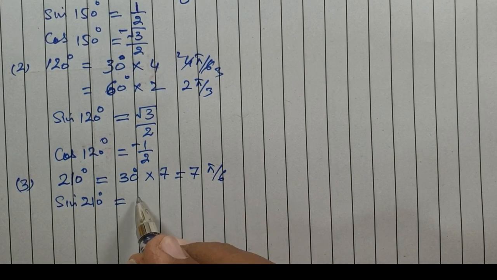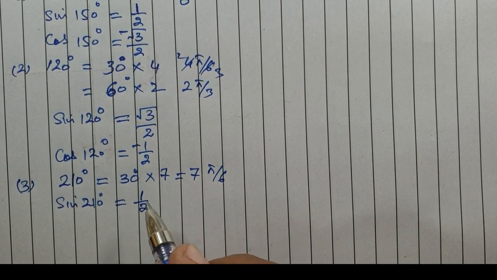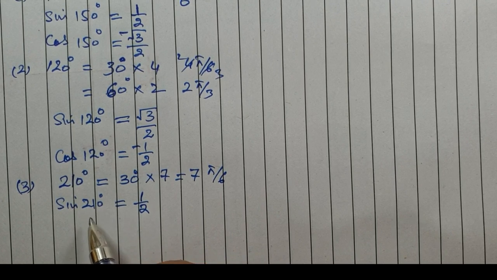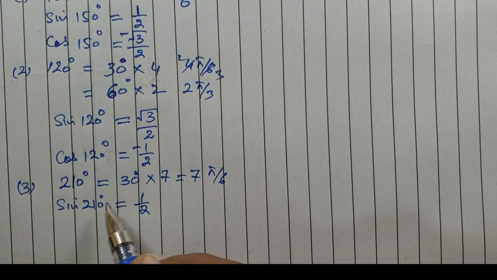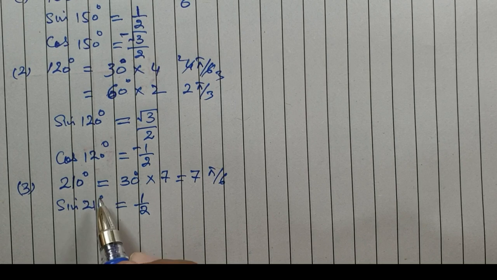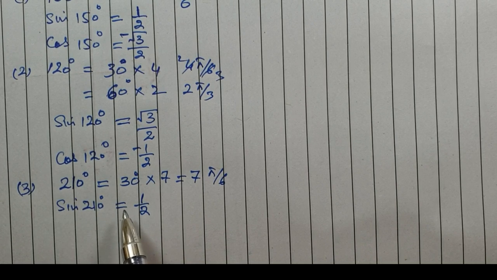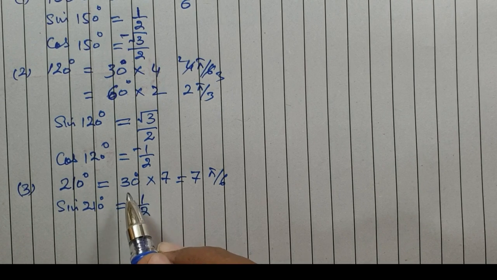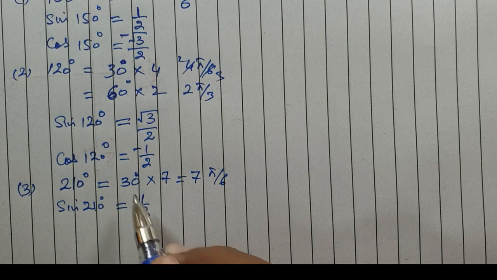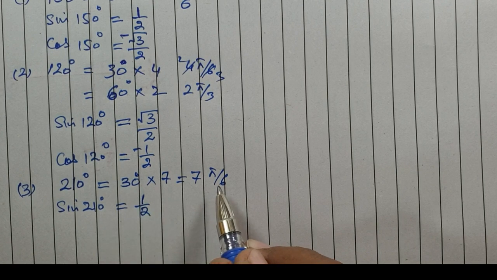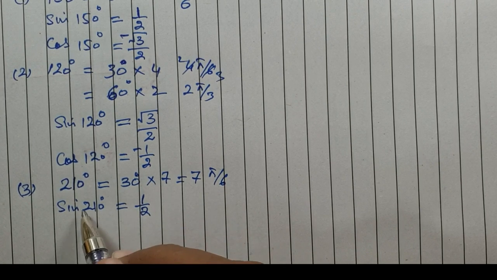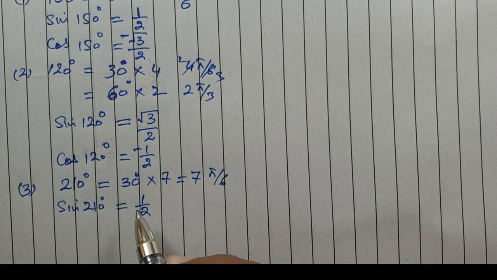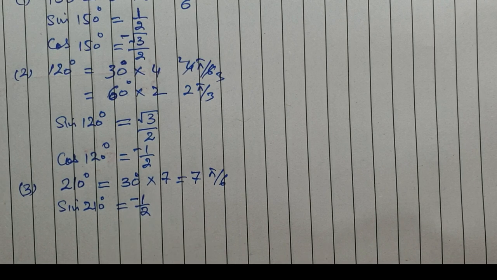It is 1 by 2. But the angle is 210. Only this angle decides the sign, whether it be positive or negative. Otherwise the numerical value is for 30 degree or pi by 6 radian. So the angle is 210. It lies in the third quadrant. Therefore it must be negative here.